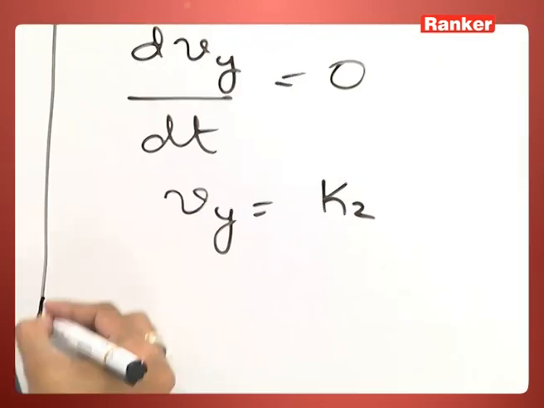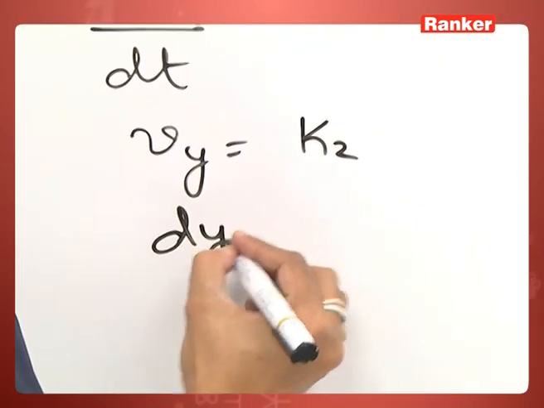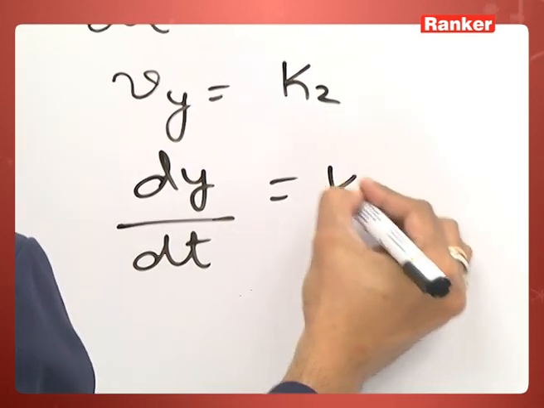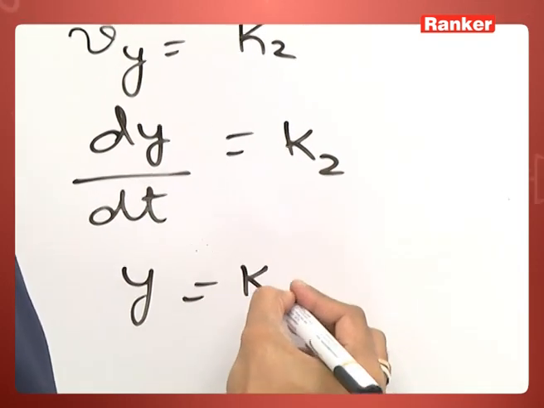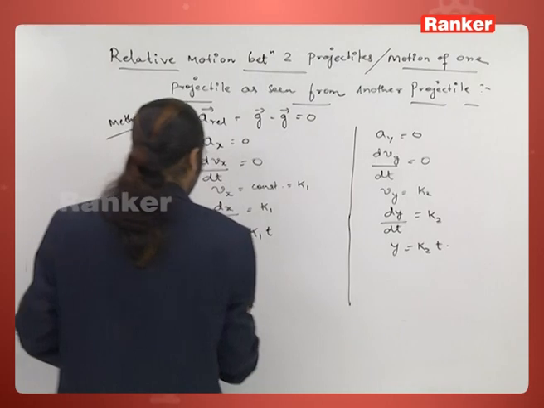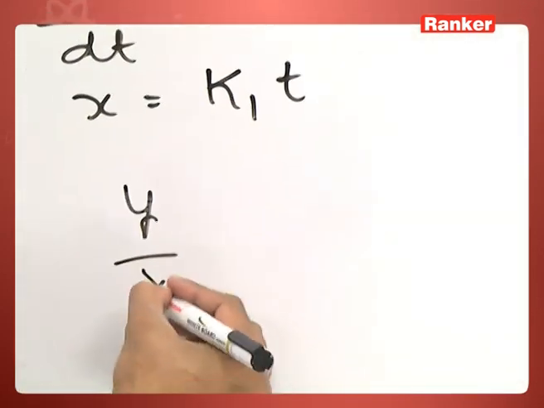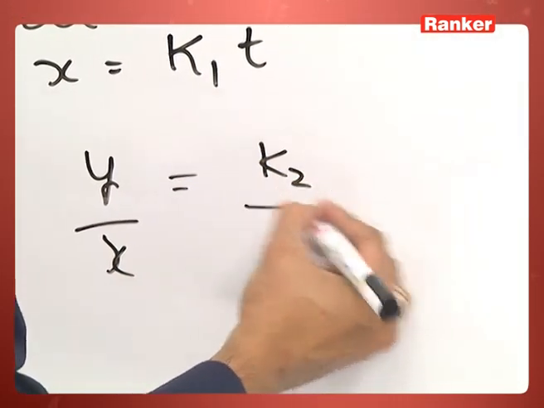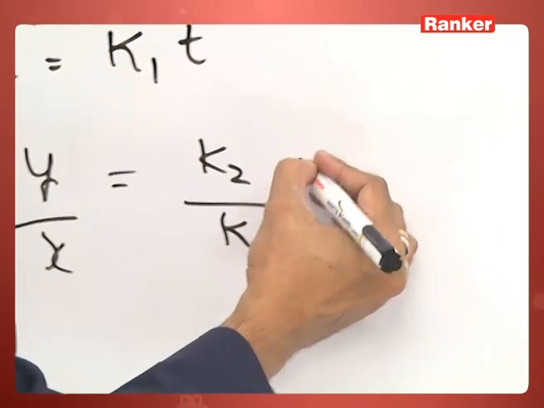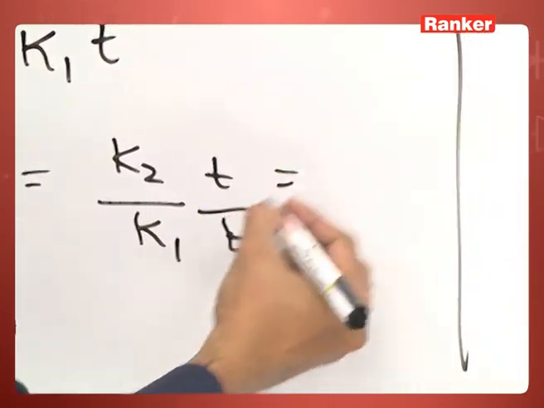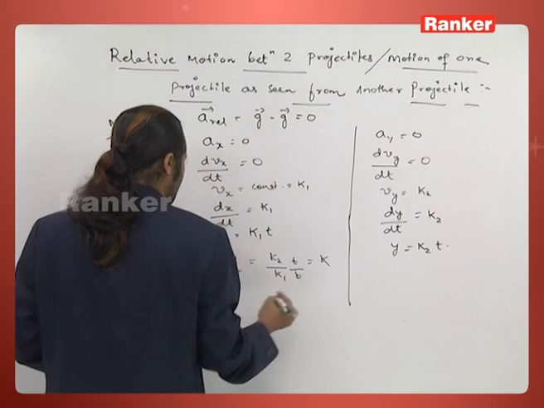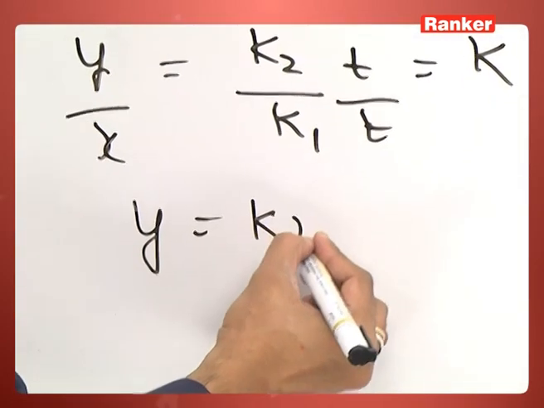And here also I can again write dy by dt is equal to k2 or y is equal to k2 into t. So y by x is equal to k2 by k1 into t by t. So this is, let it be k. So y is equal to kx.